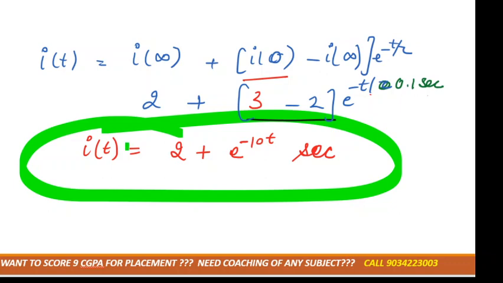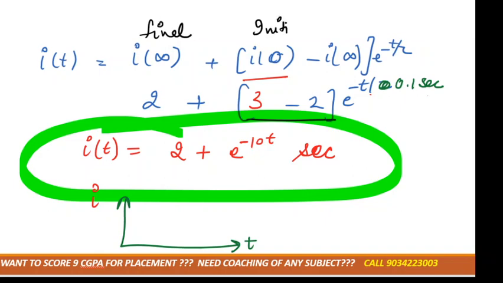Now if we want to draw the graph related to this, the x-axis is time and the y-axis is the current, that is initial minus final. So this is the final value, right? This is the initial value. Initial value we got how much? 3 ampere.